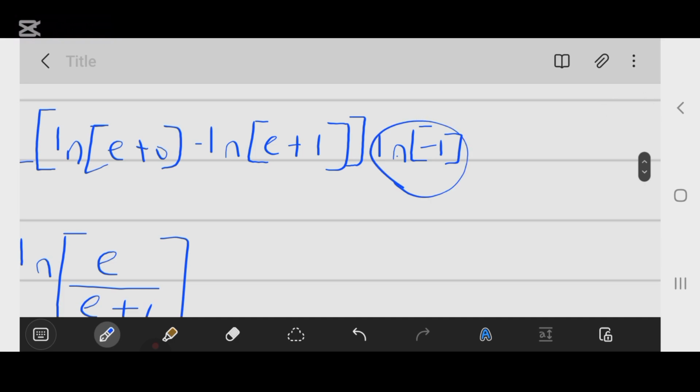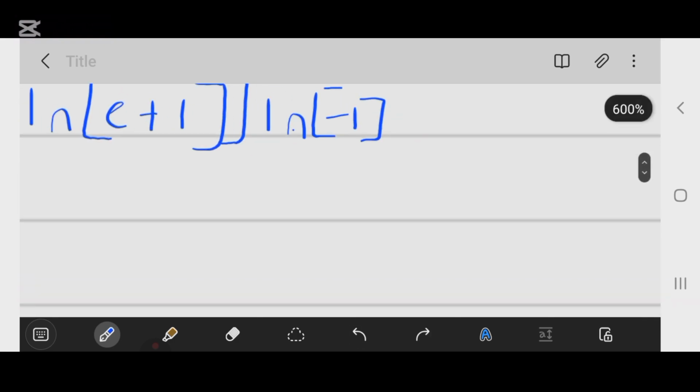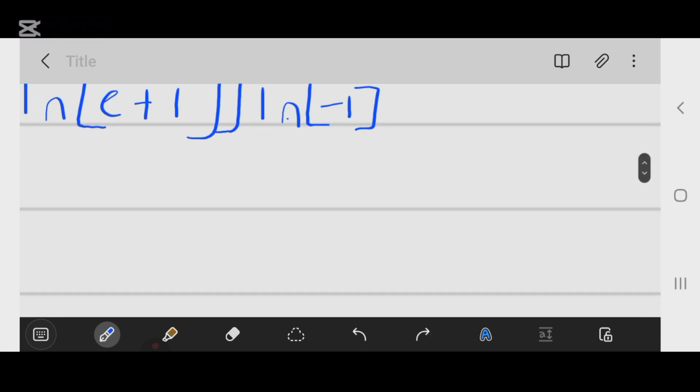Now let's take this into consideration. Remember from Euler's identity that e to the power of i pi is minus 1. So its logarithm, on the other hand, is this.